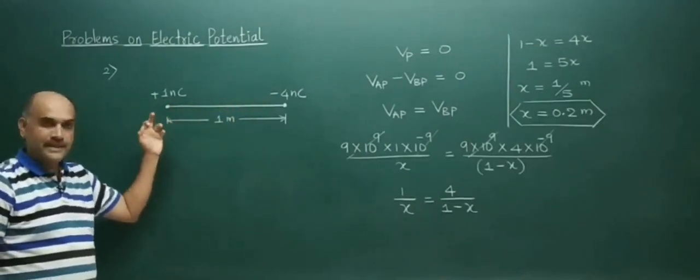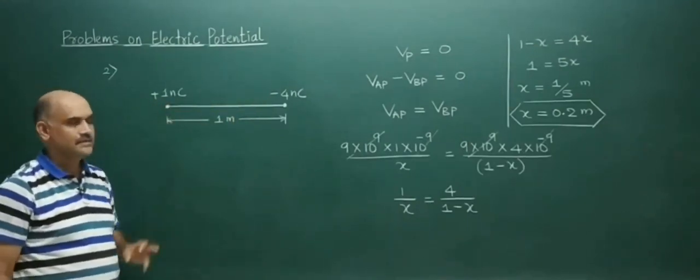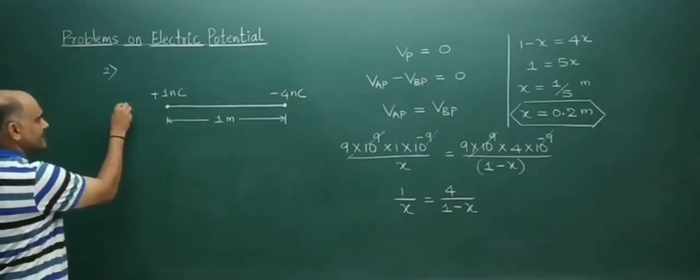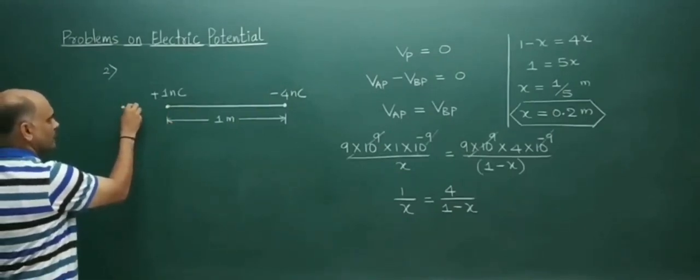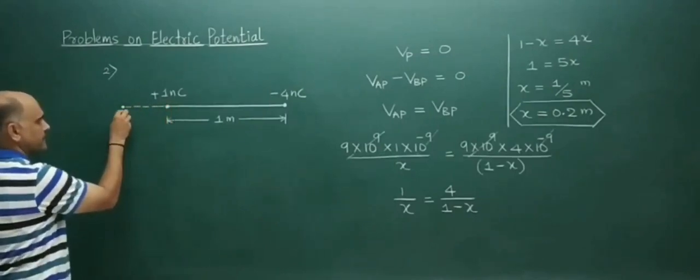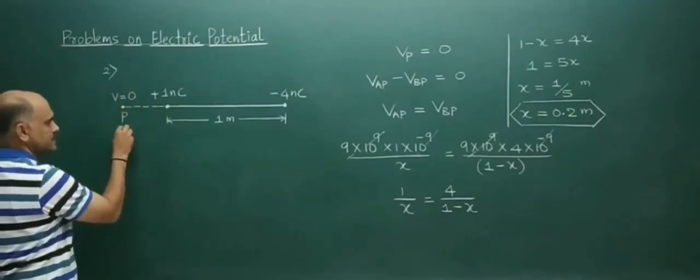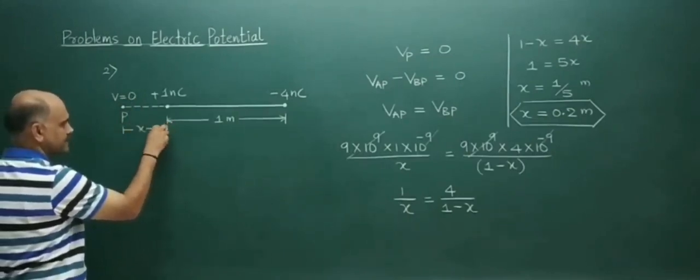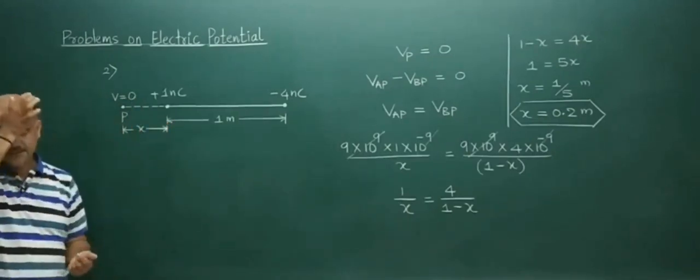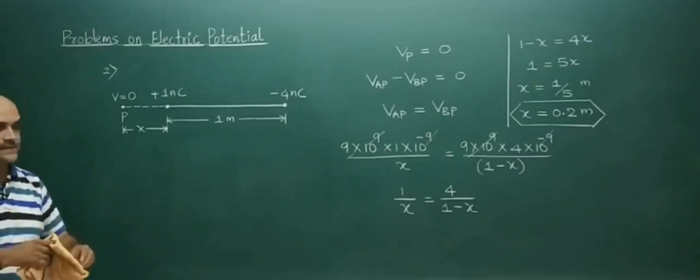Means here you will have point P, where potential V is equal to 0. This distance I will take as x.